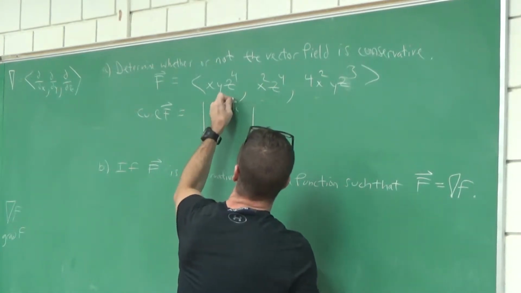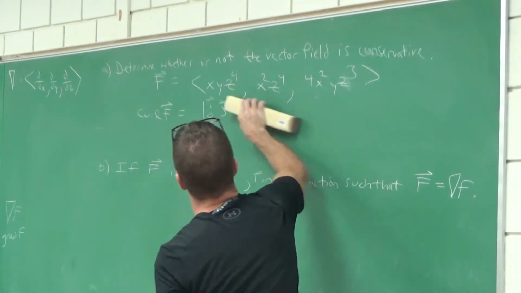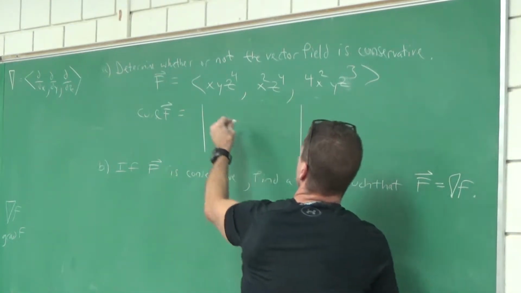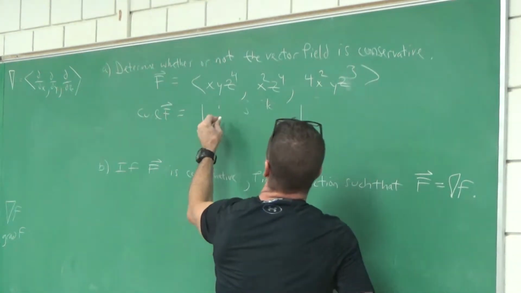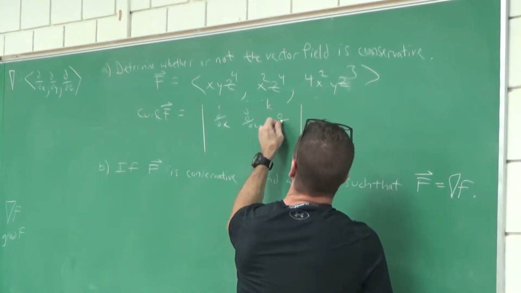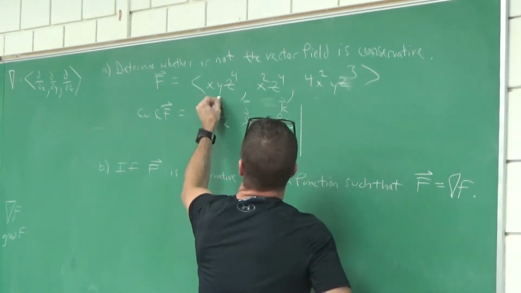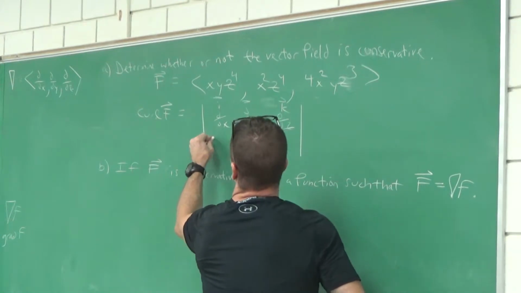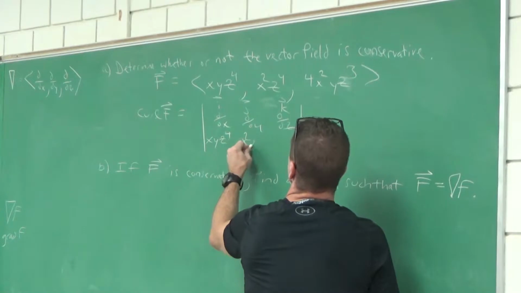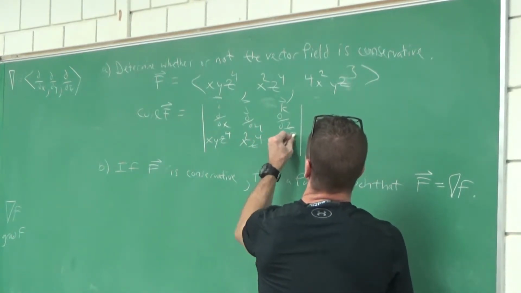i, j, k, d/dx, d/dy, d/dz. I better give some more room, so I can fit all those components in there. x y z to the 4th, x squared z to the 4th, and 4x squared y z cubed.